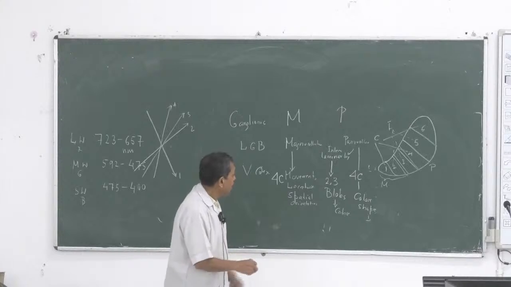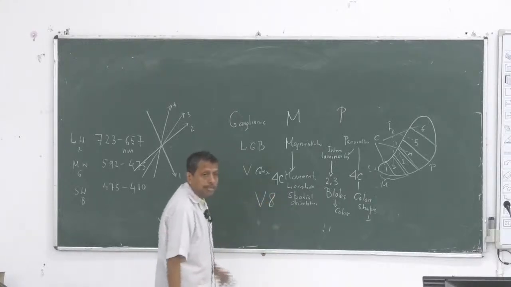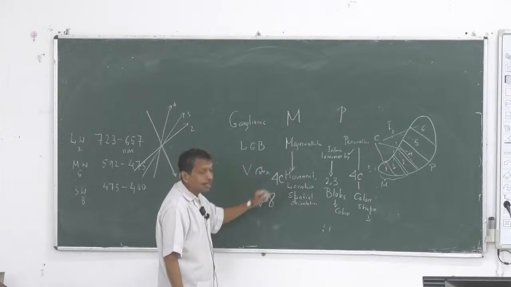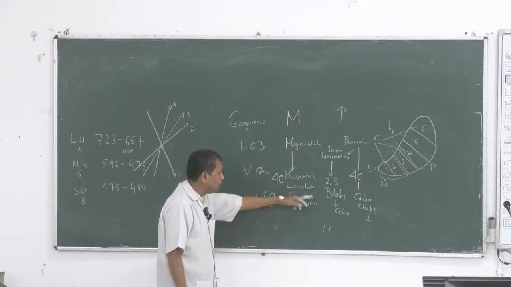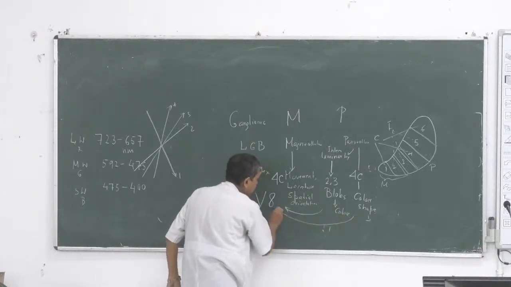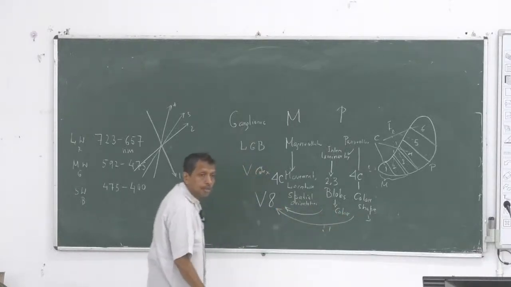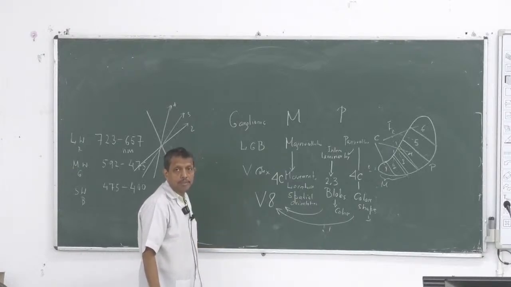There is an area that is called V8 that is specific for this color detection. They send information from this area, and from this area, and also to V4 or this type of part.